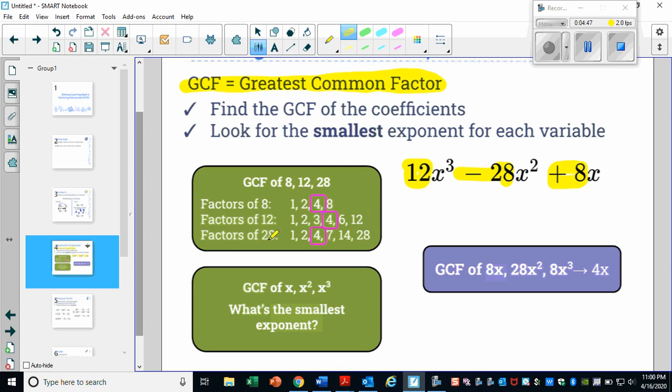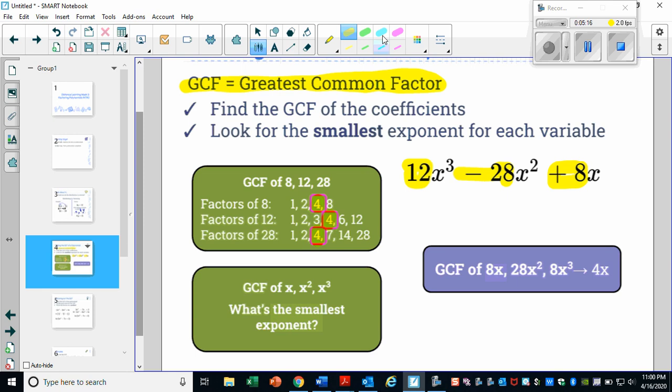And then factors of 28: 1, 28, 2, 14, 4, and 7. And we've circled the 4 because the 4 is the greatest common factor amongst the 28, the 12, and the 8.